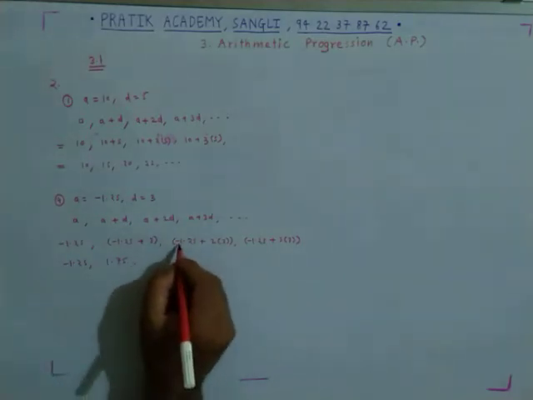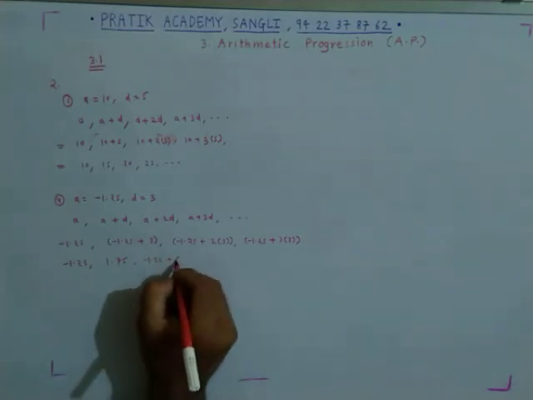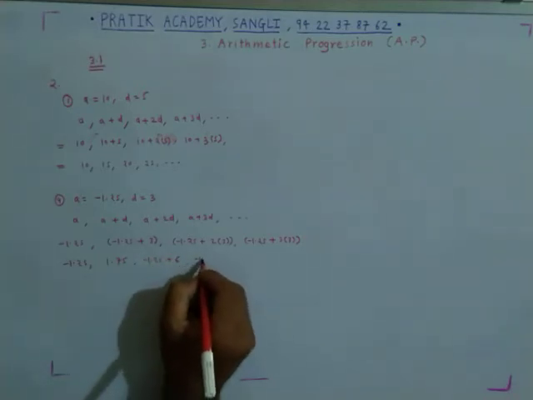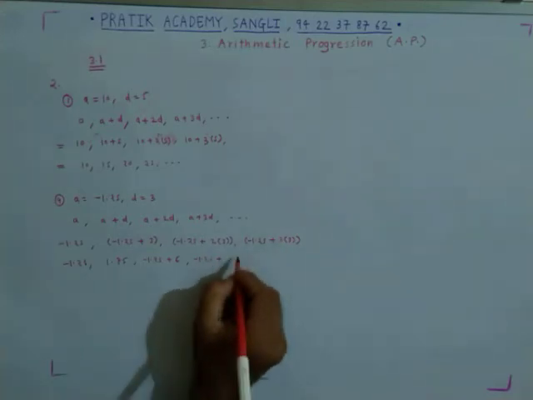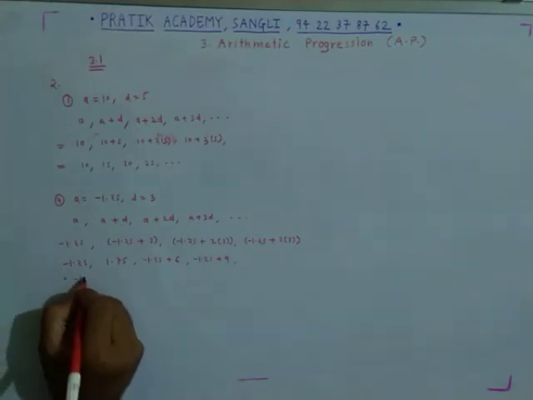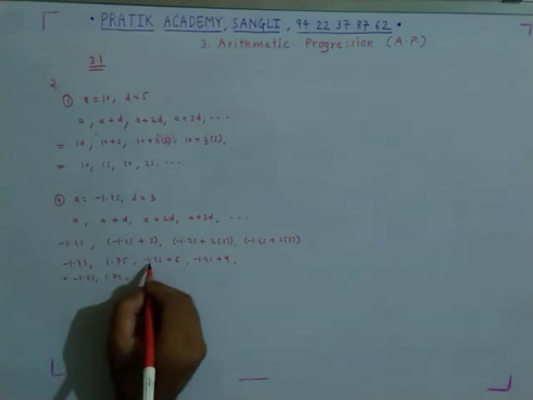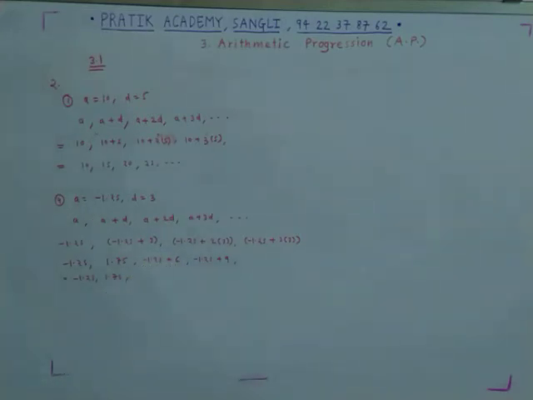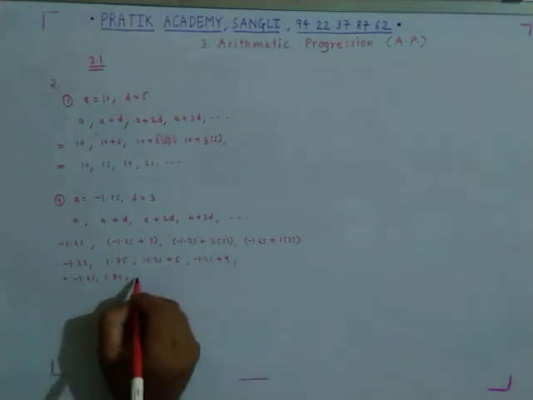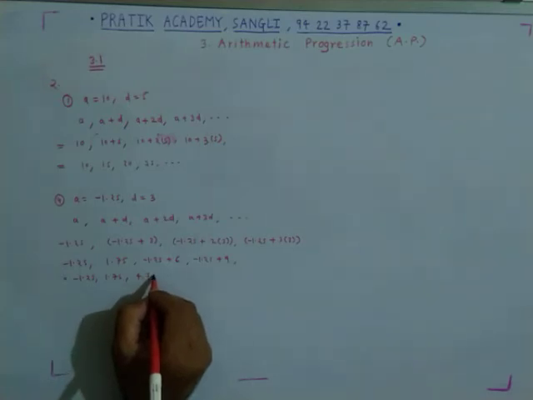Here minus 1.25 plus 6, here minus 1.25 plus 3 times 3, that is 9. So this difference is remaining, minus 1.25, that is 1.75. This difference, 1.25 minus 6, that is coming 4.75. Yes, this difference is 4.75.